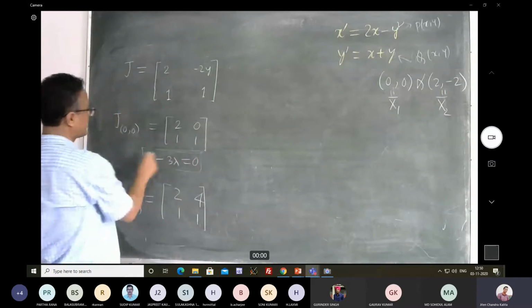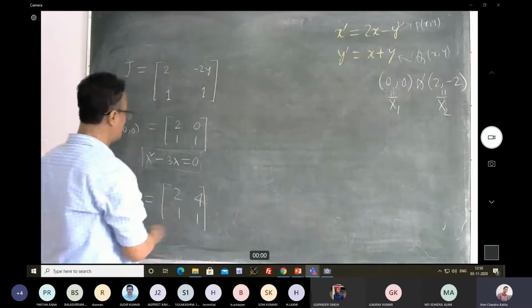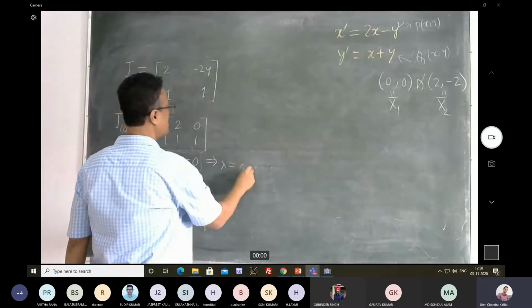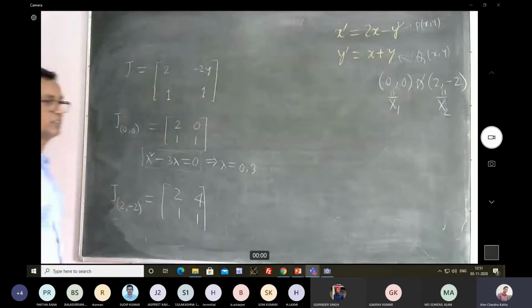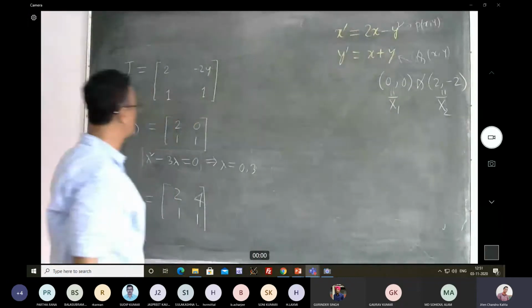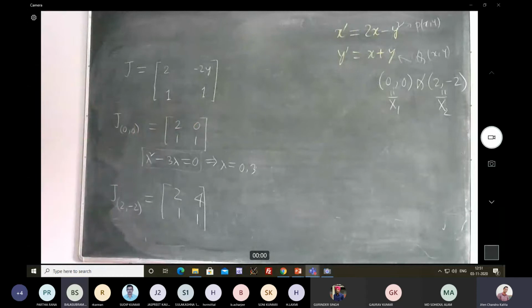See, here we have an interesting system. I'll come back to this at a certain juncture. So this is going to give you lambda equal to 0, 3. Sir, I think the eigenvalues are 2 and 1.